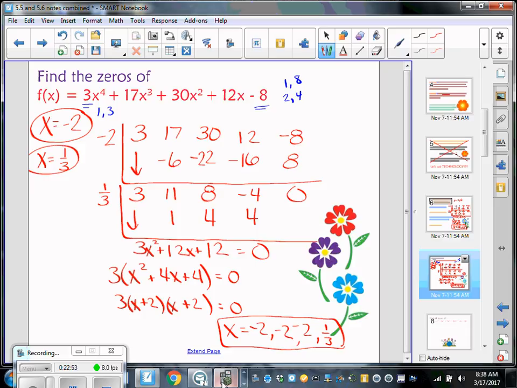This is your Q's, you take Q divided by P. So I would have to take 1 over 1, which is 1, and 1 over 3, which is a third, and then the next one, 8 over 1, which is 8, 8 over 3, 8 thirds, then 2 over 1 is 2, 2 over 3, then 4 over 1, which is 4, and 4 over 3.